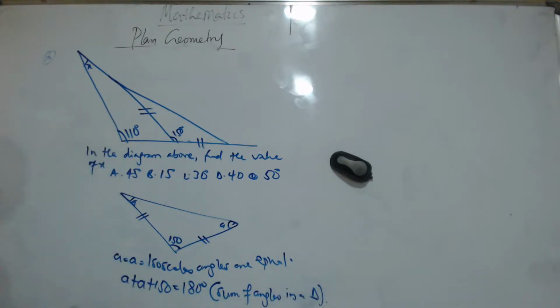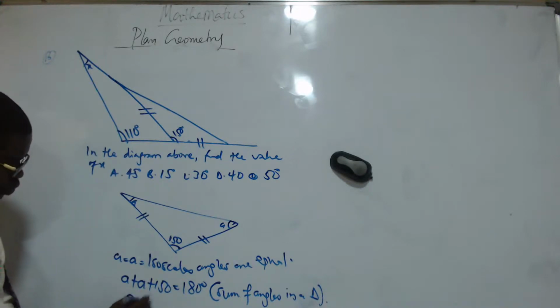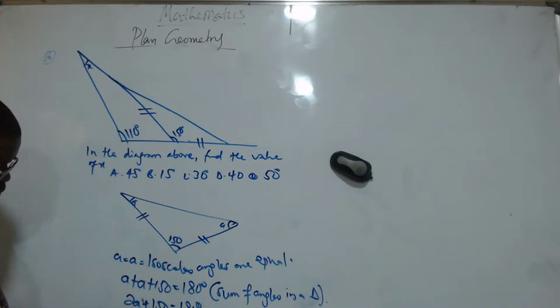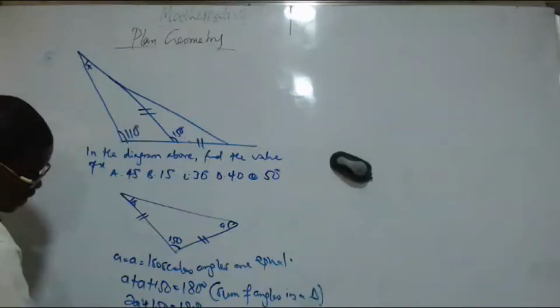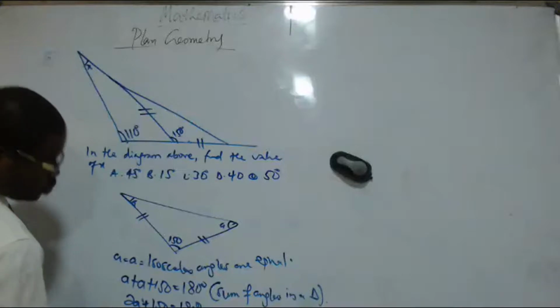Then we have 2A plus 150 equals 180 degrees. So 2A is 180 minus 150, divided by 2.